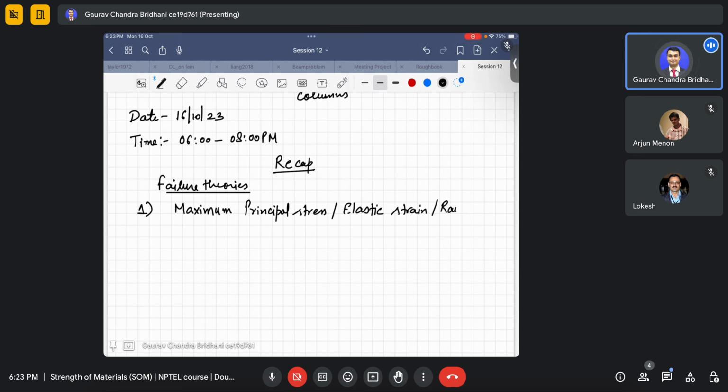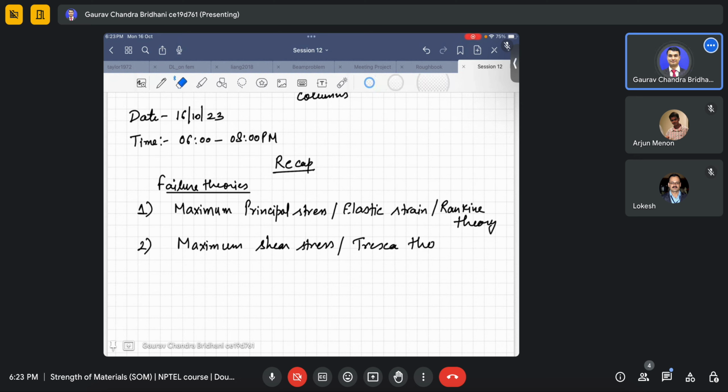Then there is the maximum shear stress theory, also the Tresca theory.